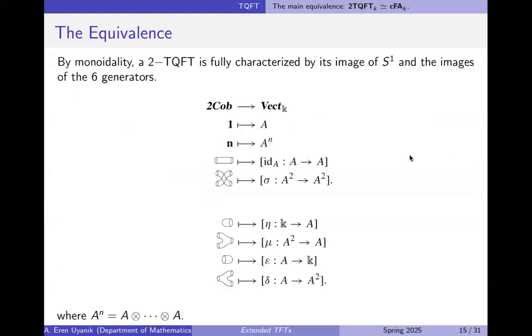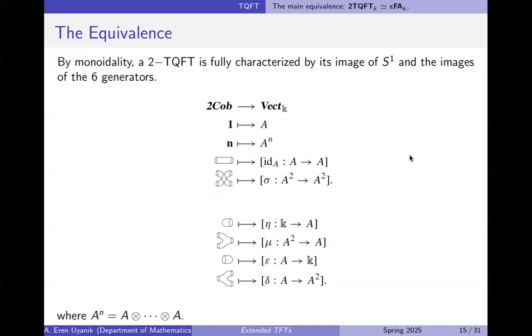And how do you prove this equivalence? This is basically generated by just the circle. You put n many circles, and if you send the circle to A, you send n many disjoint circles to the n-fold tensor product of A. And these maps, for example, this is the identity map on the cylinder.